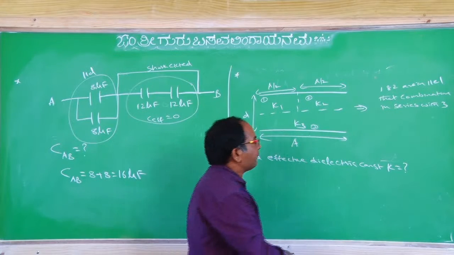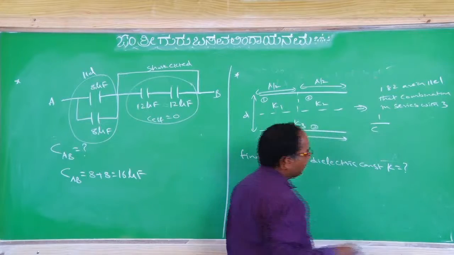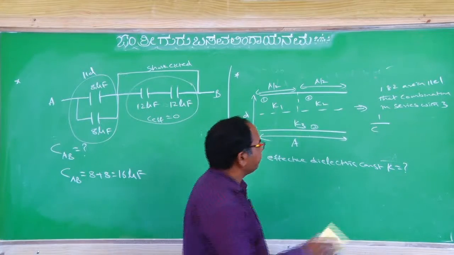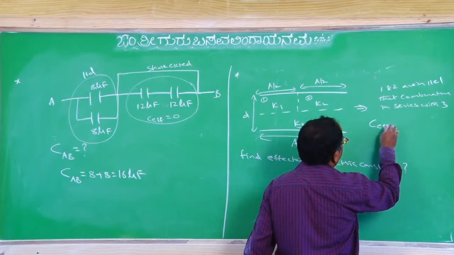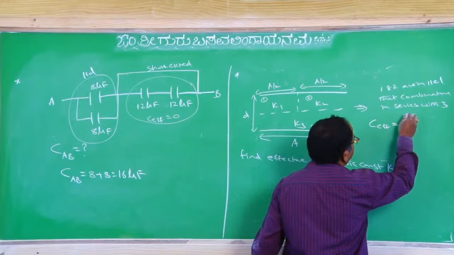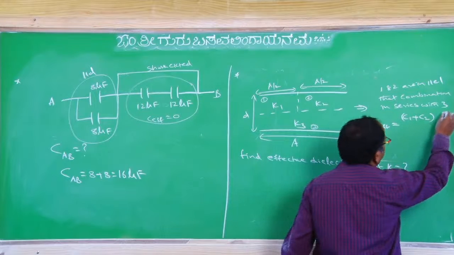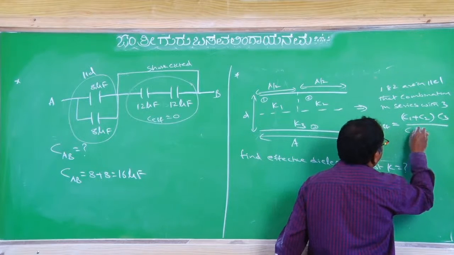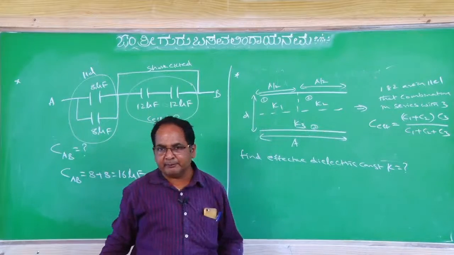So the total effective capacitance, how do you write? C effective is equal to, how do you write, tell? 1 and 2 in parallel means what? C1 plus C2. That is in series with 3. So you may write like this.